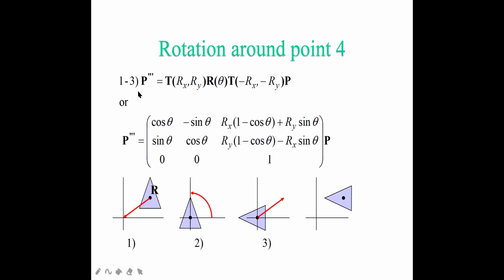Now let's see. Here all the three things, till equations 1 to 3, you got this equation, right? So I'm going to write it in terms of my matrix. If this matrix is confusing for you, you can do this. T rx comma ry, first you write down the translation matrix. How to write? 1 0 rx, 0 1 ry, 0 0 1.